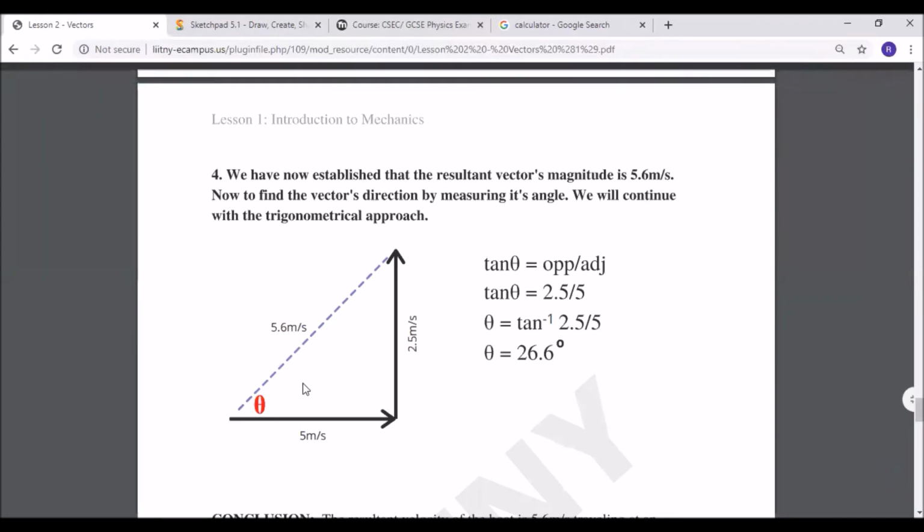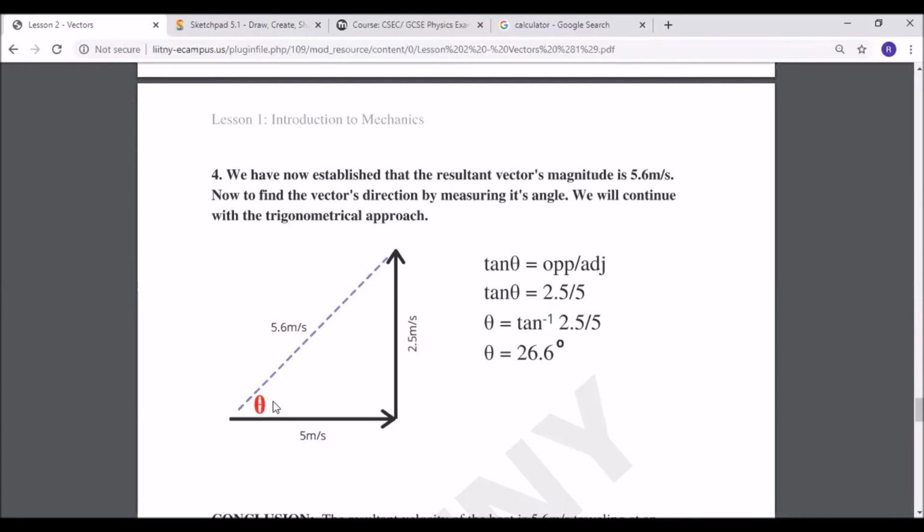We need to find the angle, and this will indicate the actual direction that the resultant vector is, or the actual direction that Alicia will row as a result of these two velocities, to be more specific.